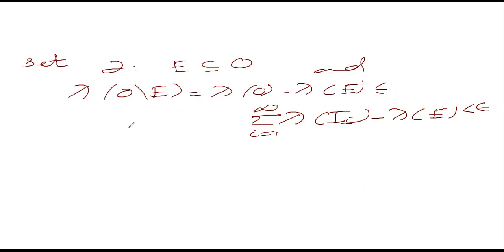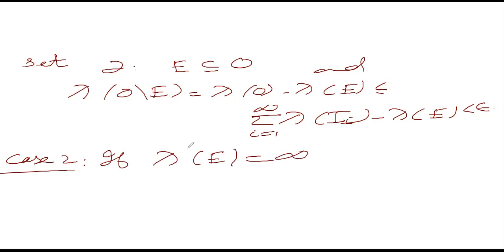Now we prove the reverse. But I have to take one more case, the second case. In the first case, I assumed that the Lebesgue measure of E is finite. Now suppose the Lebesgue measure of E is infinite. Then we define the following sets for each i.